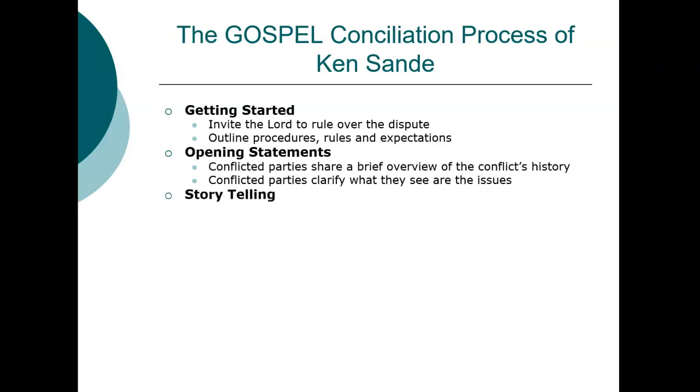The S stands for storytelling. Here's where the conflicted parties tell their story about the conflict and how it has affected them. In the opening statements, parties are just describing what transpired over time, but now they're getting to tell a little bit about how they felt. They may have felt judged, dismissed, or ignored, and they obviously feel hurt or betrayed.